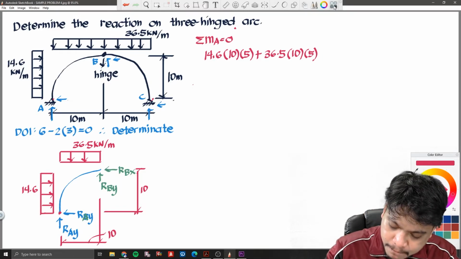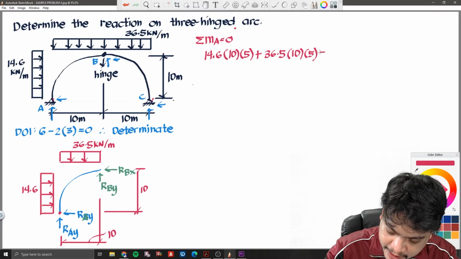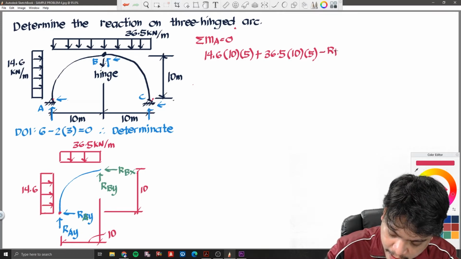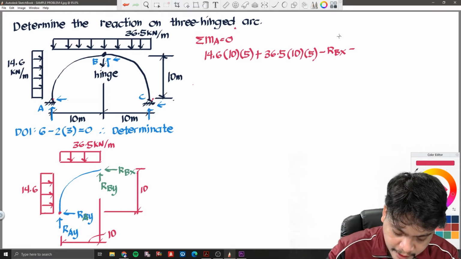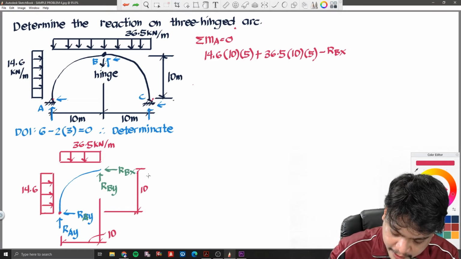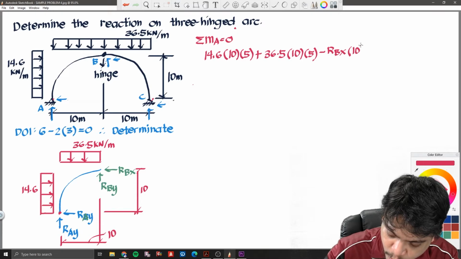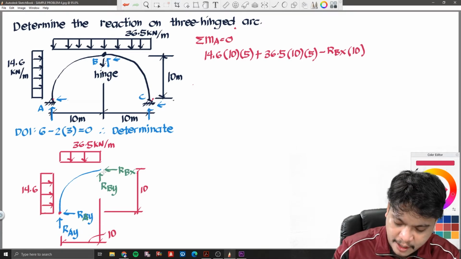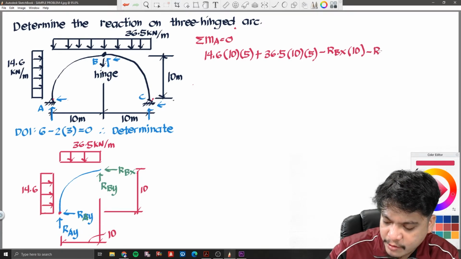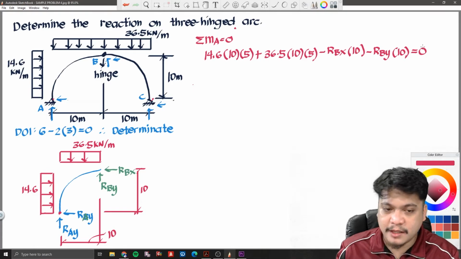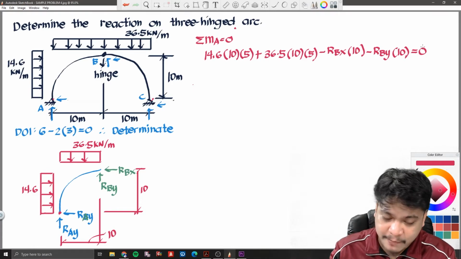And then, ima-minus natin si RBX. Minus natin, and then multiply it by 10 as its moment arm. Ayun. And then also, we will be having here minus the RBY, and it's also 10, and this would be set to 0. So, ilipat ko lang sa kabila.